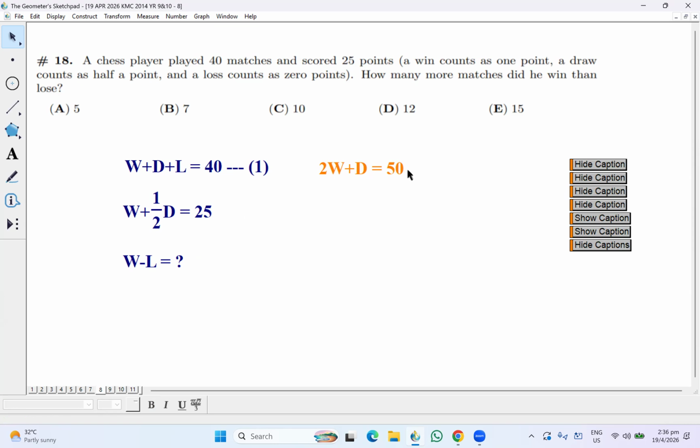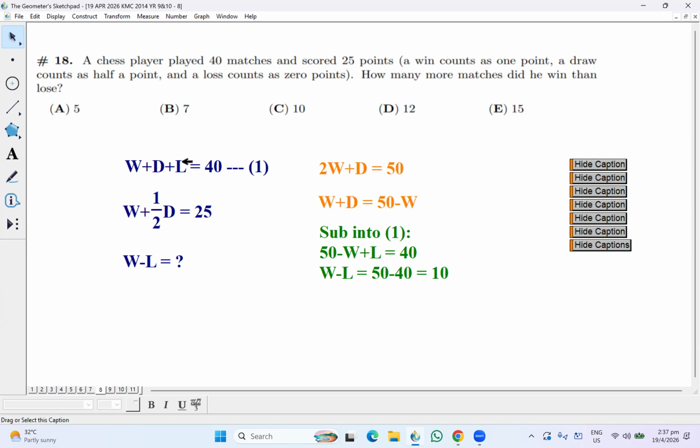Then our aim is to find W minus L. So I write W plus D equals 50 minus W. One W bring over this side, so that there's no more D. W plus D is 50 minus W, plus L equals 40. So W minus L, 50 minus 40 is 10. Answer is 10.